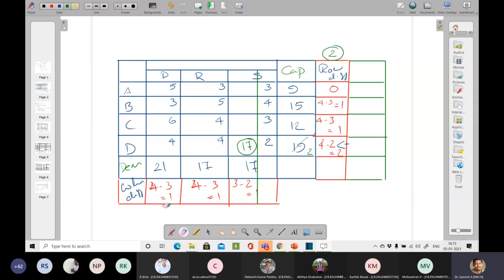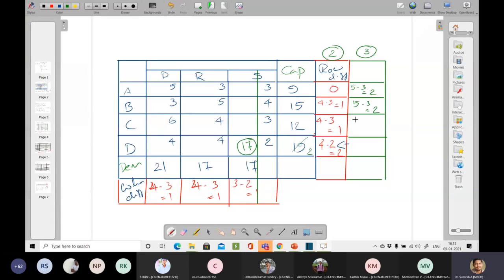So iteration number 3. The value will be 5 minus 3, 2. Again 5 minus 3, 2. 6 minus 4, 1. And 4 minus 4, 0.